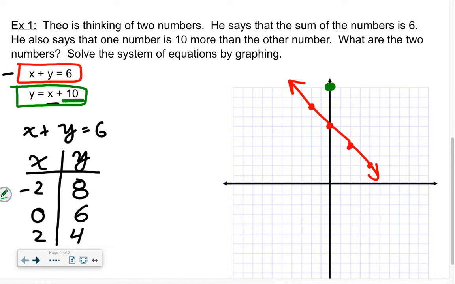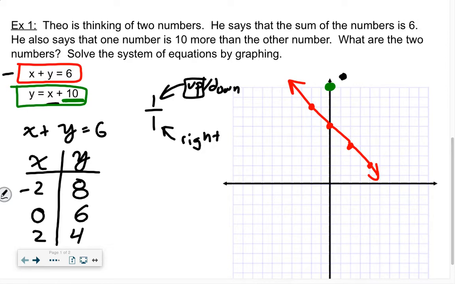Now off of it we have the slope 1, which again can be written as 1/1. The top number tells us to go up or down. The bottom number tells us to go right that many units. Because it's positive, we're going to go up 1, and then right 1 unit.